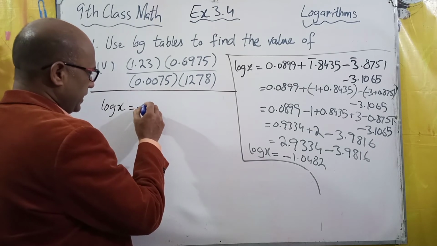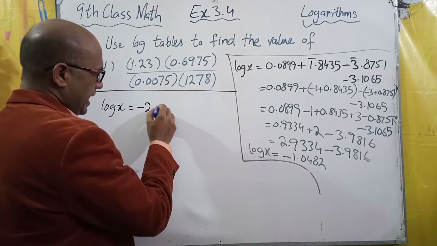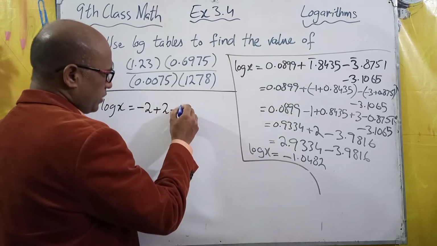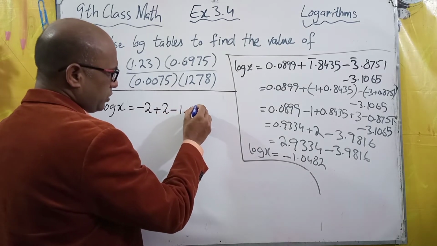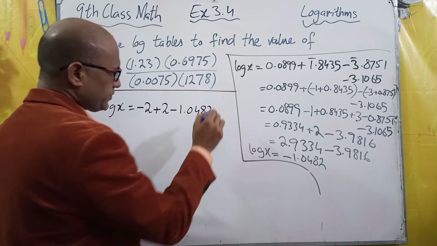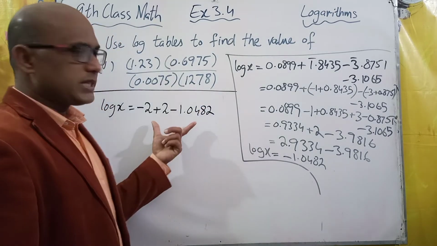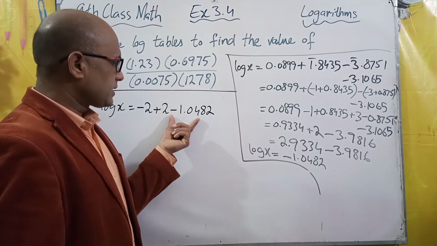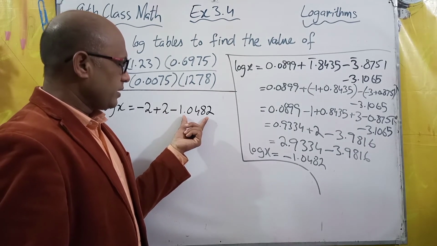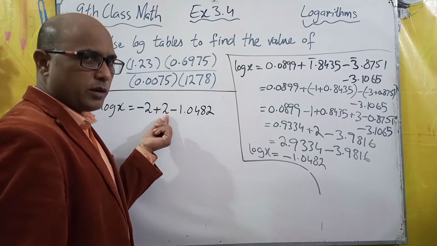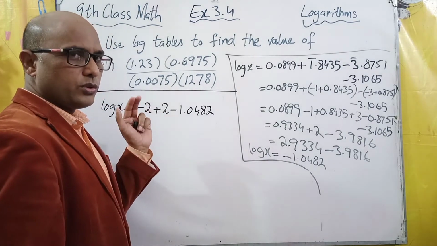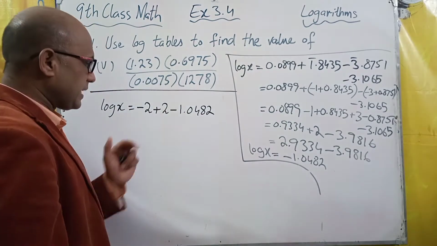So we'll write minus 2 and plus 2 and minus 1.0482. Now it will change into separate numbers. This number will be subtracted from plus 2 and minus 2 will be separated.